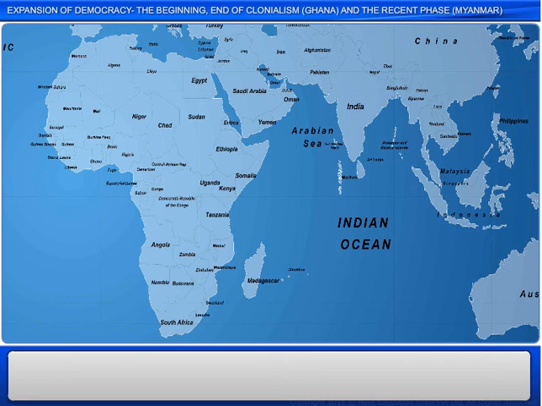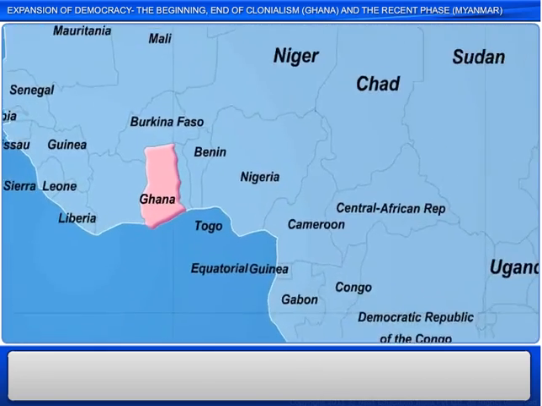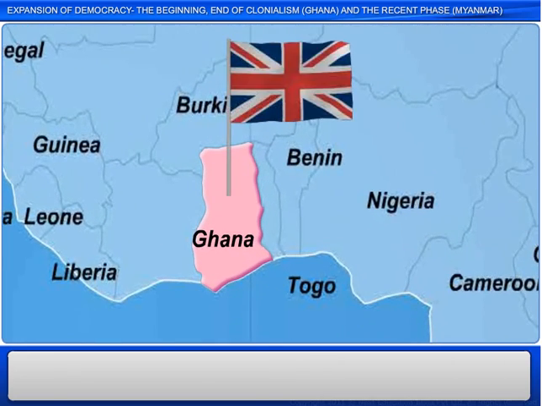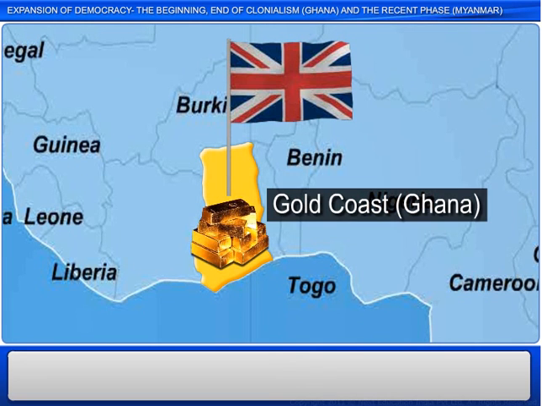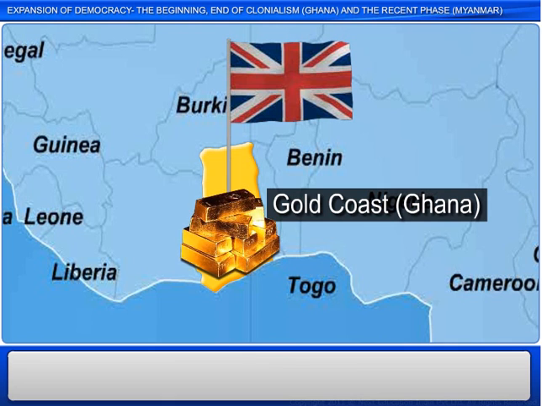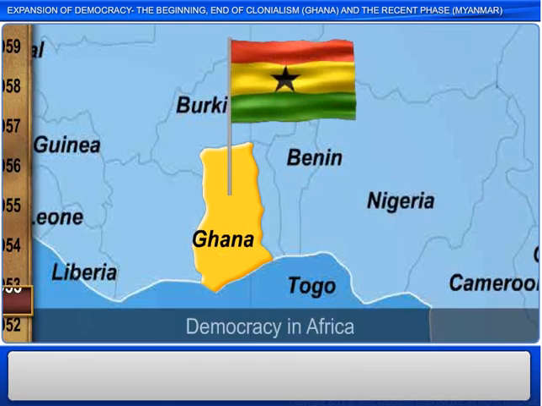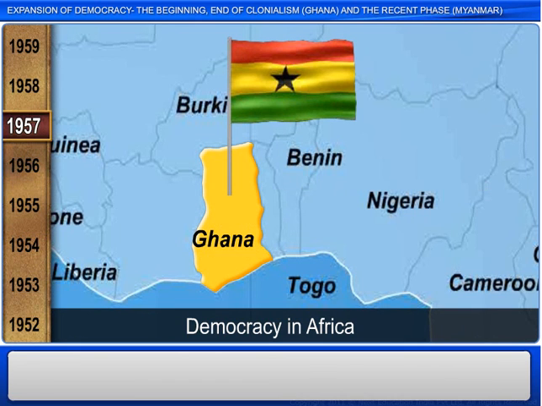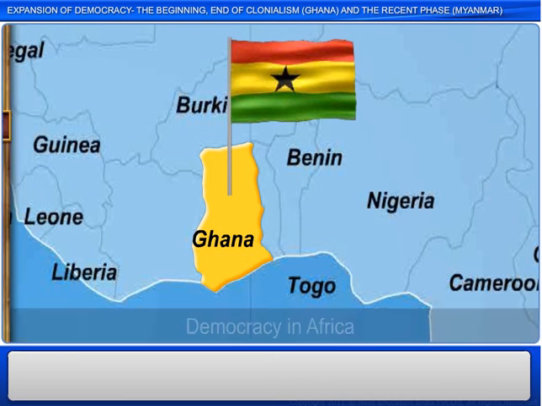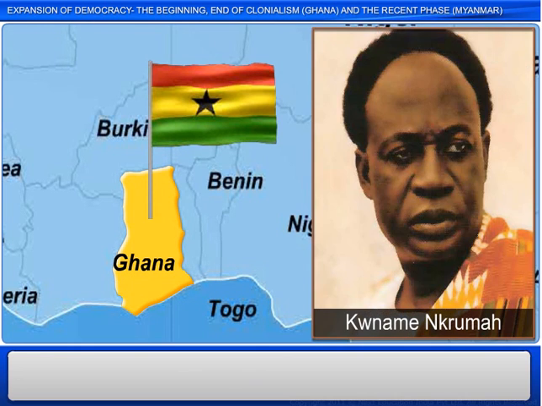For example, Ghana, a country in Western Africa. Ghana was a British colony and was called the Gold Coast, as it had rich gold reserves. Ghana was also amongst the first African countries to gain independence in 1957. Kwame Nkrumah was an active revolutionary in the independence struggle.